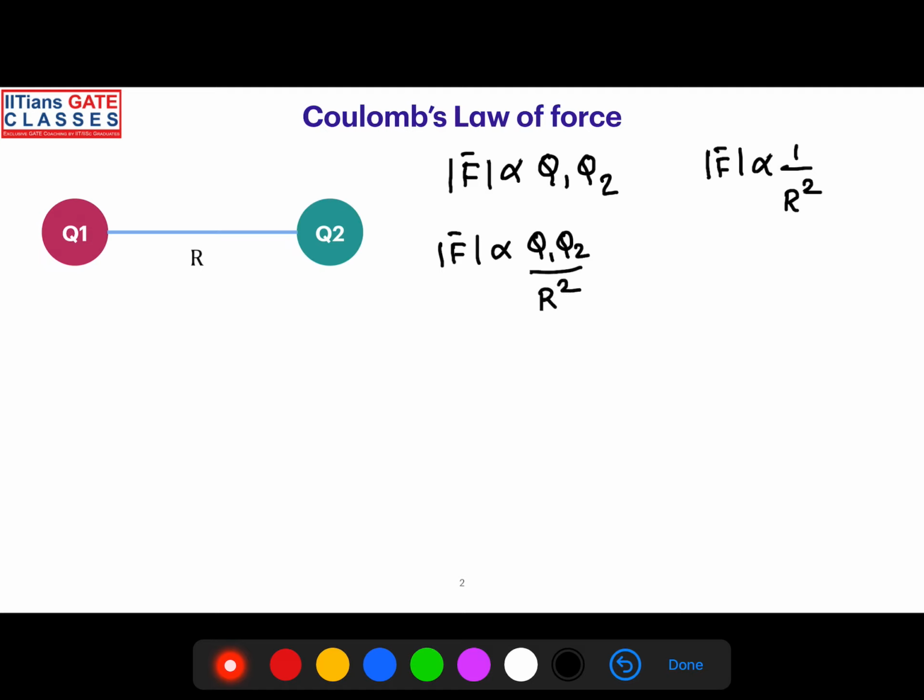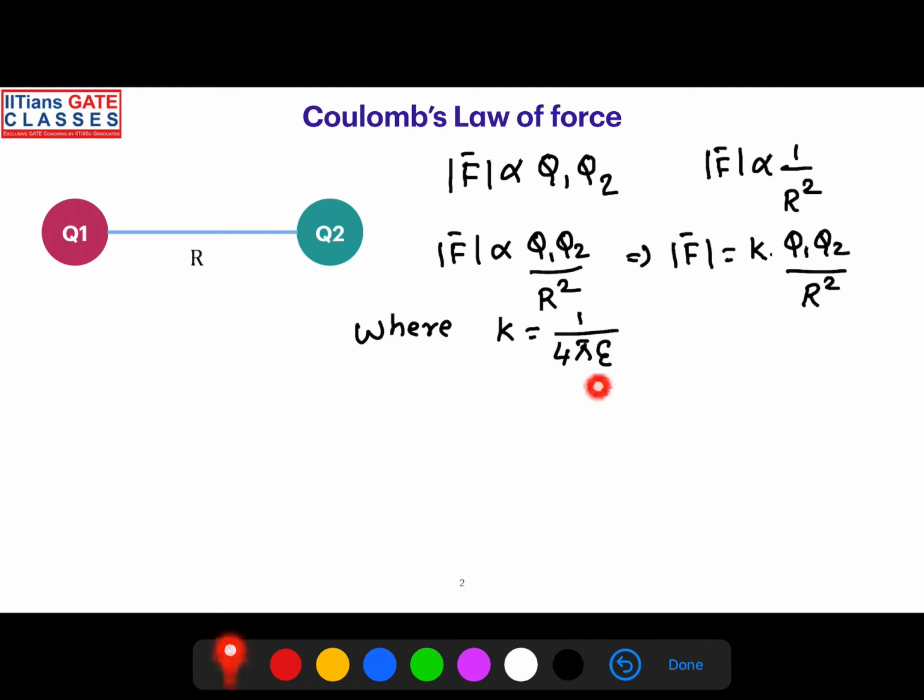Removing the proportionality, I can introduce a new constant, k, so F equals k q1 q2 by r square. We all studied the proportionality constant k, whose value is 1 by 4 pi epsilon.